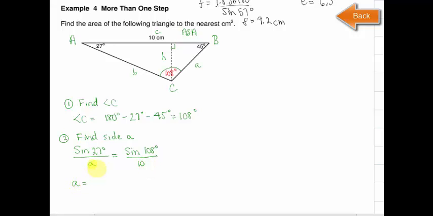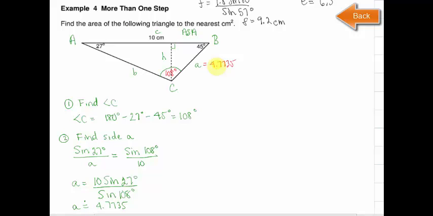I'm going to go A is equal to 10 times the sine of 27 over sine of 108. And I get that side A, and I'm going to write it to several decimal places because I don't want to round off until the end. And so I get 4.7735. And so I will put that on my diagram, 4.7735.